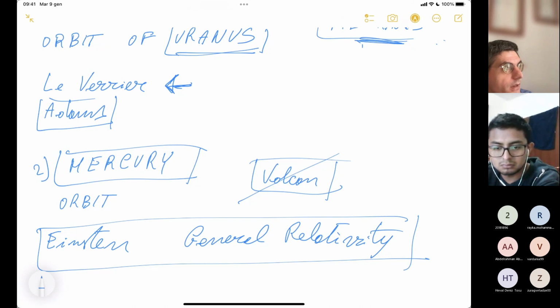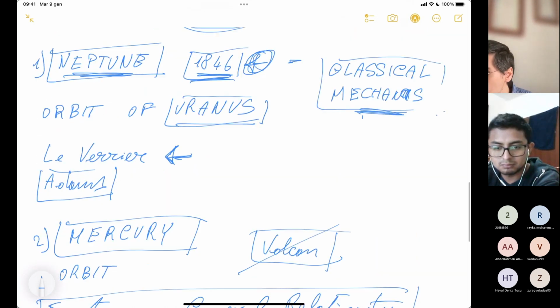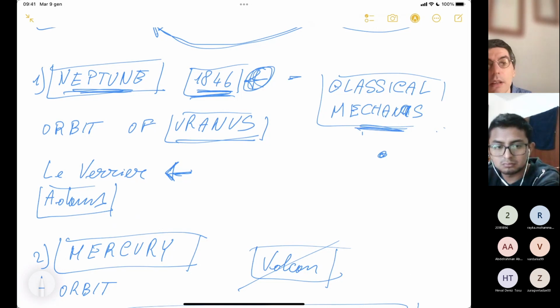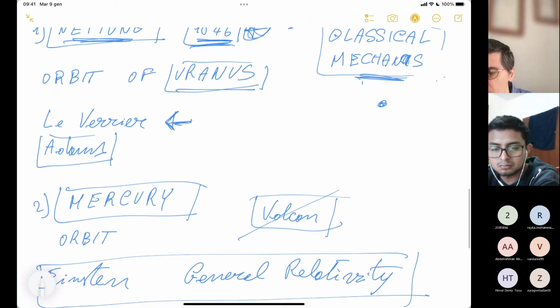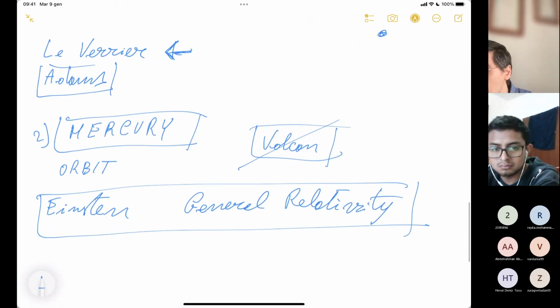So you see, in some cases, and this is the case of Neptune, you can imagine that there is another phenomenon that you don't know, and you can discover this new phenomenon because you are confident that your theory is good enough. But sometimes you cannot, because this new phenomenon is not there. You cannot fix the problem in this way, so you are obliged to use different hypotheses.